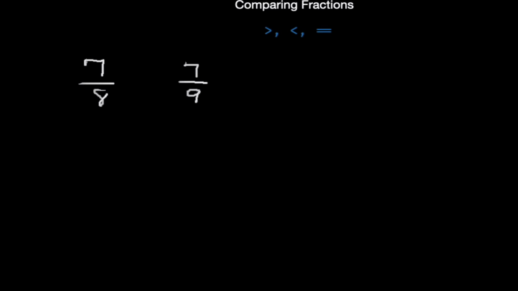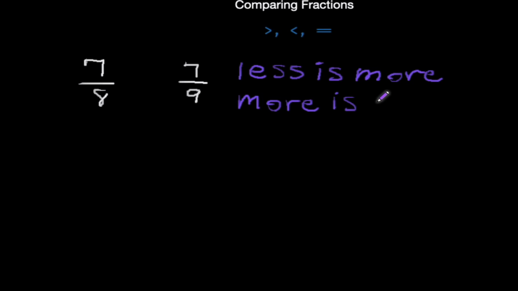So I usually like to use the statements less is more and more is less. Okay, so remember, this only works when the numerators are the same and the denominators are different.